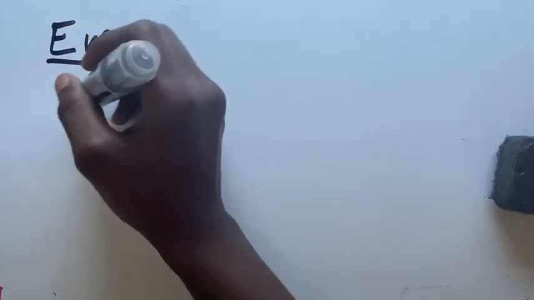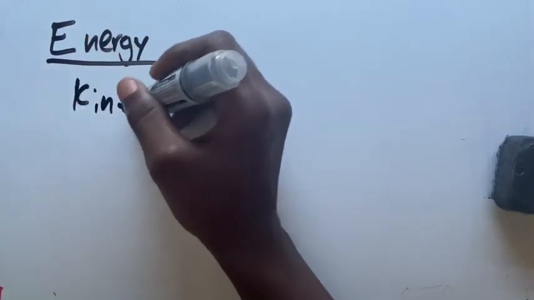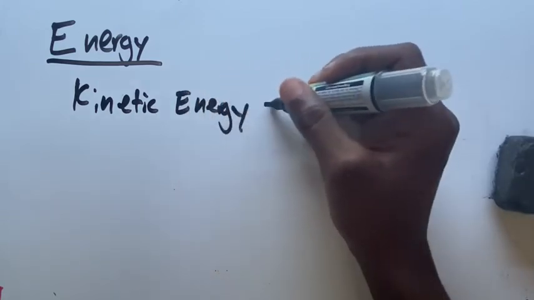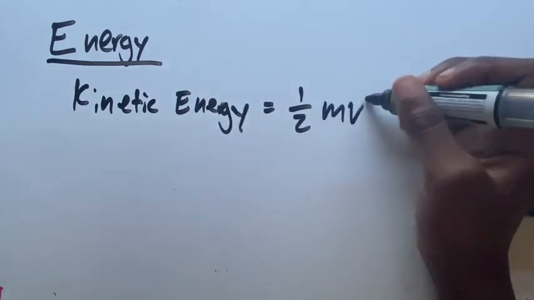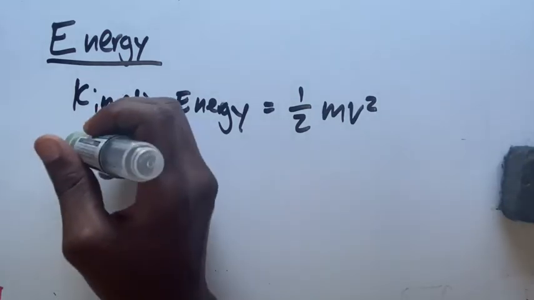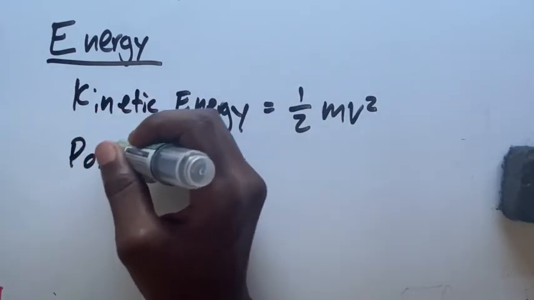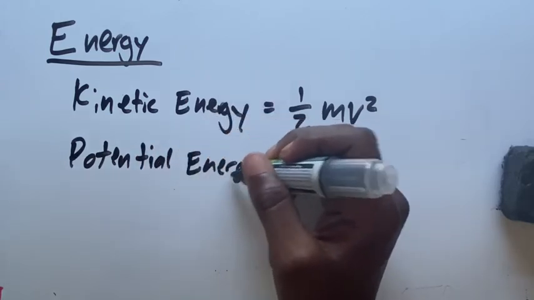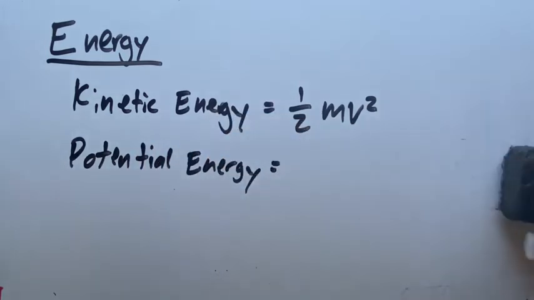So we know there's kinetic energy, given by 1/2 mv squared. And then there's also potential energy.